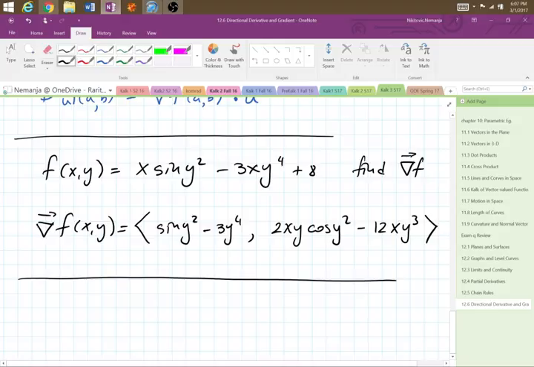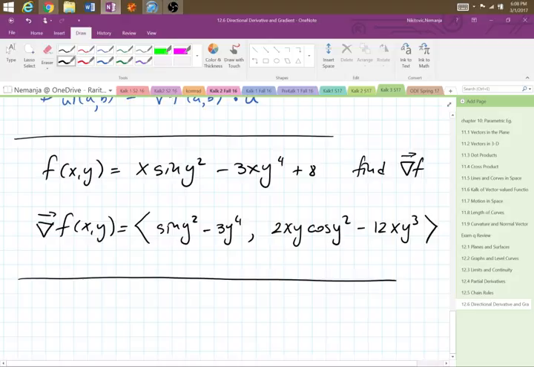What is the gradient doing? What is the vector? To answer that question, we have a theorem which shows the path of steepest ascent or the path of steepest descent, and that's calculated through the gradient.